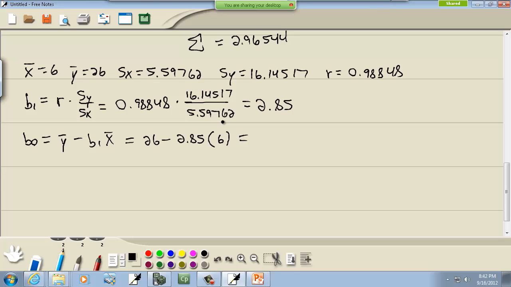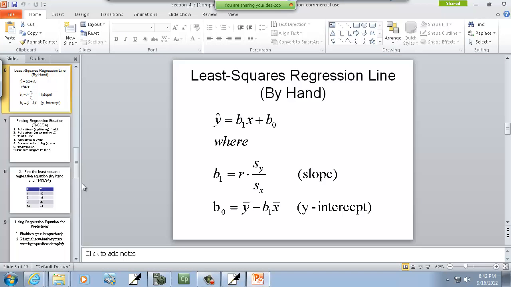So I got 26 minus 2.85 times 6. Now I've taken some liberties here. I'll go ahead and mention them. You shouldn't round ever until the very end of your problem. Since I expect most of you will use a graphing calculator for this, I've kind of been sloppy about that. It's just I wanted to round it somewhere, so I chose 5 decimal places, except for the very last here.